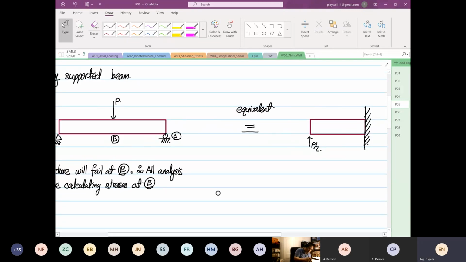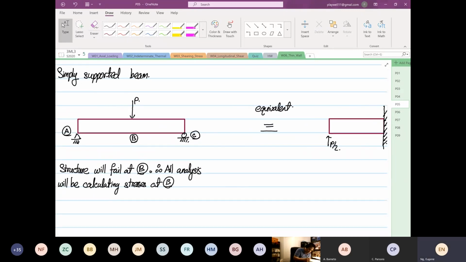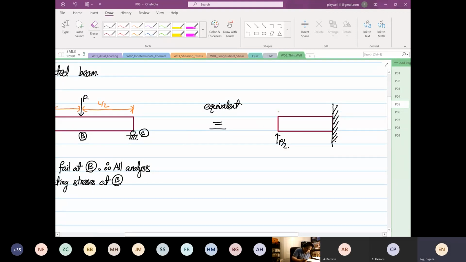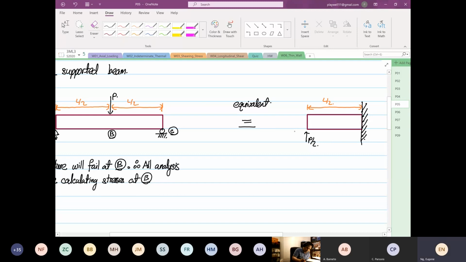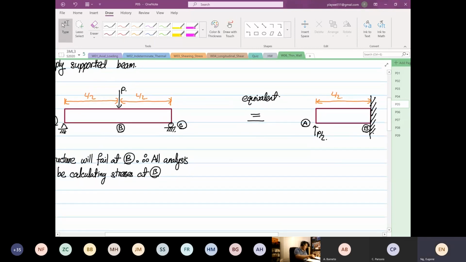And again, the distance from here to here is L over 2, and the distance from here to here is L over 2. Point A, point B. And these two structures are the same.